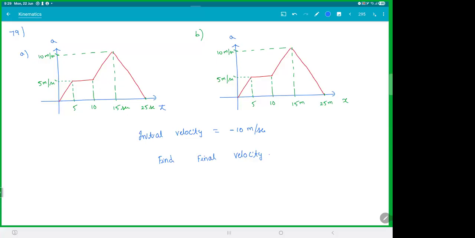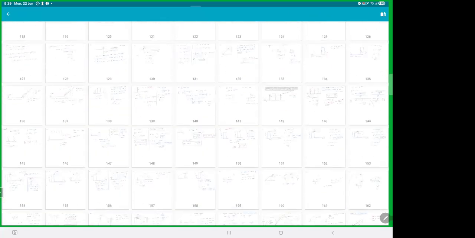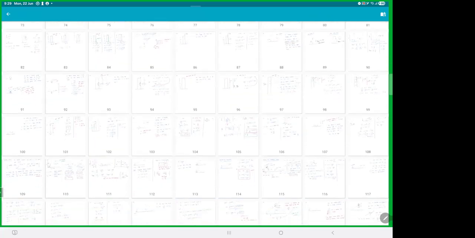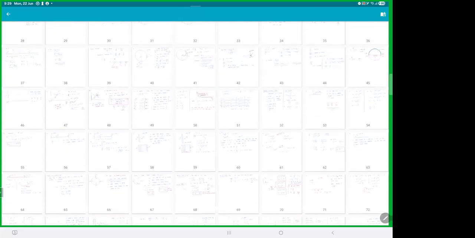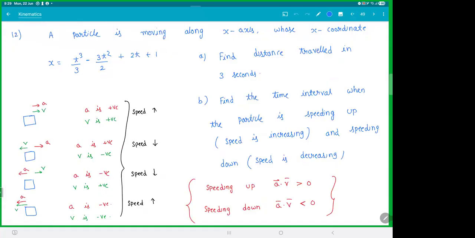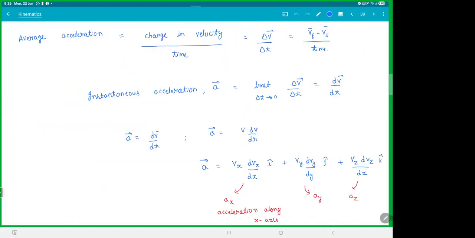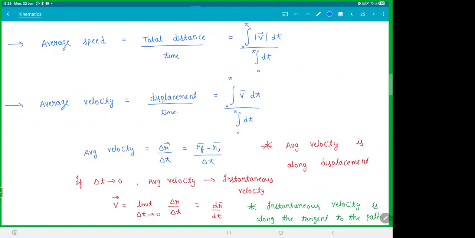Is V dvx a cross product? It's just the magnitudes, Rohit. It's V into dv by dx. If you remember, the actual result was this. I taught you this in uniform motion, when we wrote it in vector form. Where did we write this?